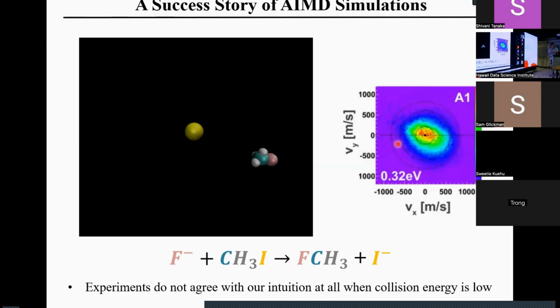Experiments up until this day are not at a resolution where they can figure out what's happening at the atomistic level. And by the way, these kinds of simulations, and I'll talk about that, take days, if not tens of days or hundreds of days, okay? But really, we're just simulating a few femtoseconds, right?